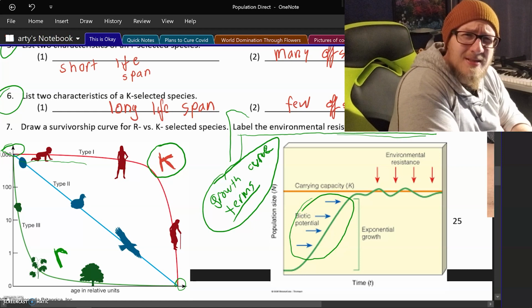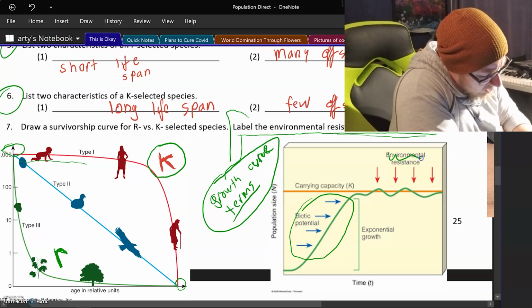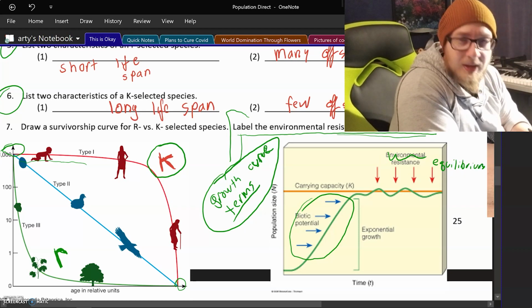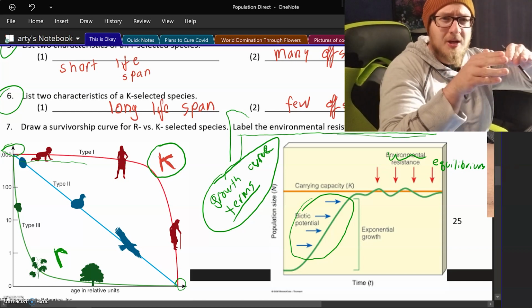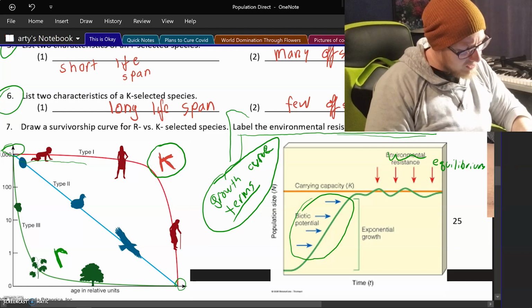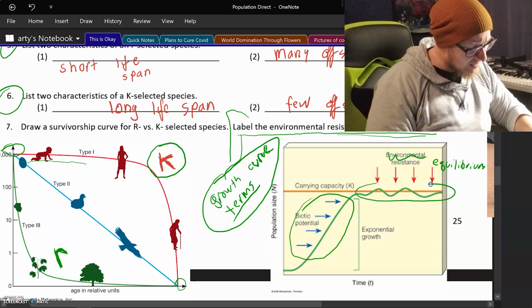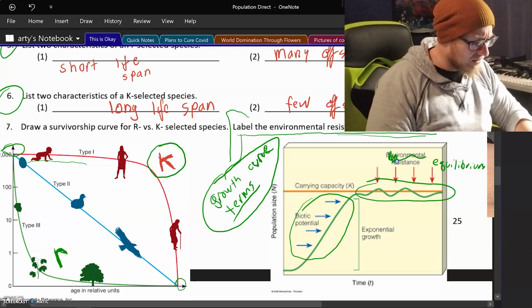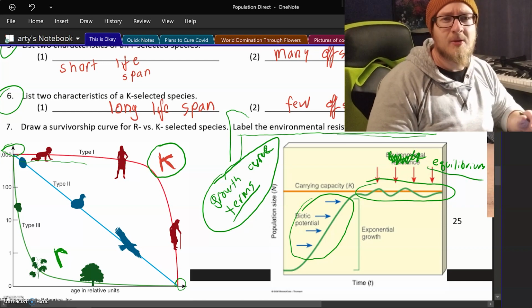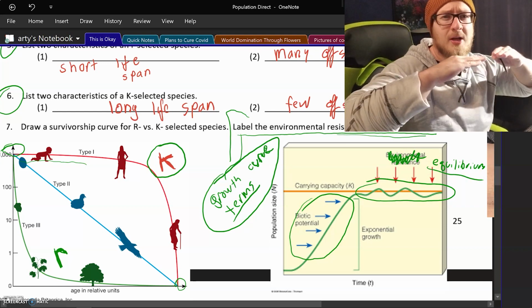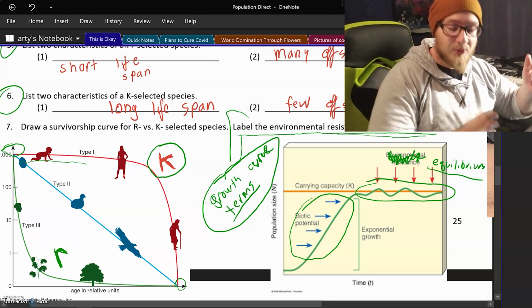Environmental resistance, I don't really even call it that. I call it equilibrium. A population remains stable, resisting environmental pressures. It's going up and down, but it's more or less staying at equilibrium. So I don't really use the term environmental resistance. I prefer the term equilibrium, where the population stays at a relatively stable size.